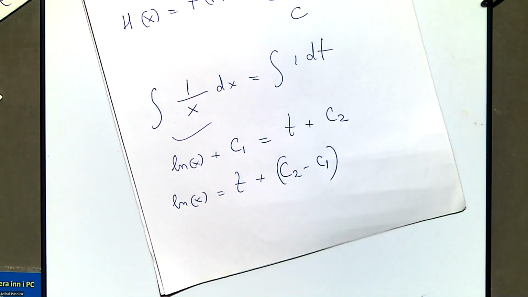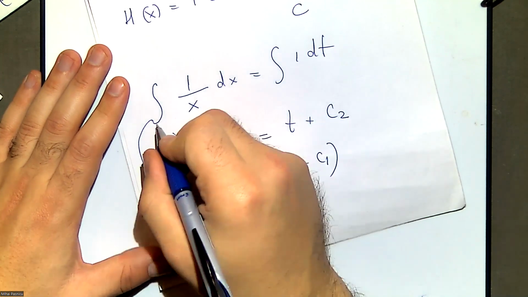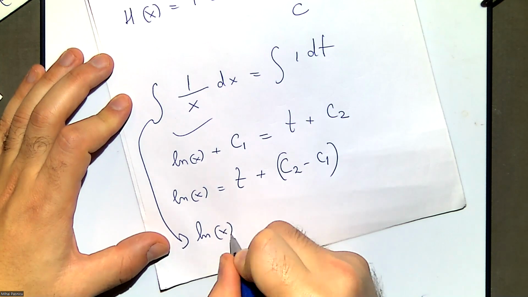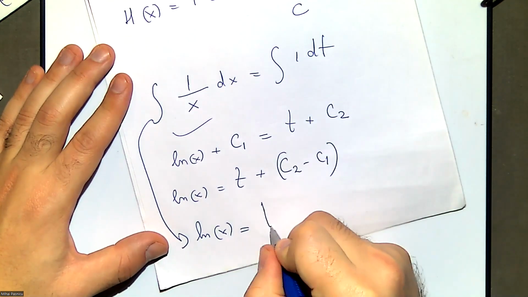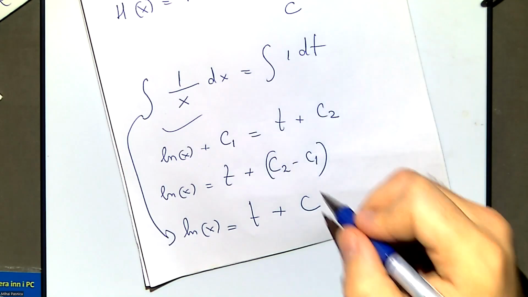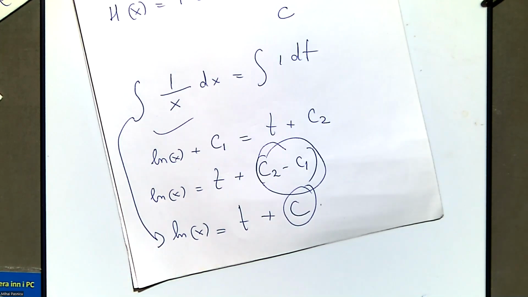My point was that instead of writing this, I could have just not put a constant on the first one, and put a constant on the second one. That's why I say that I can drop a constant from one side, because I'm going to have a constant on the other side. So as long as you include the constant on one side, it's fine.